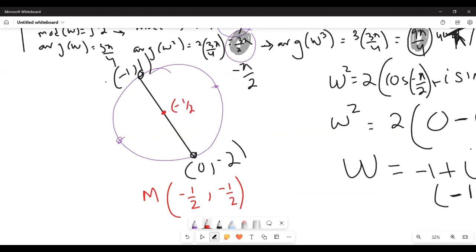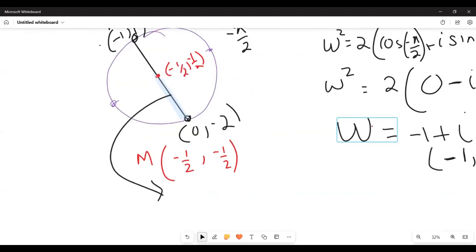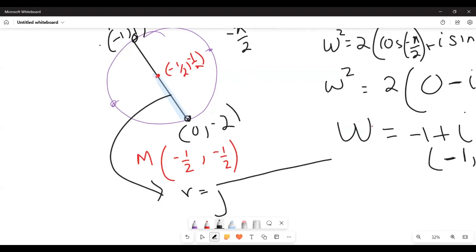And now find the radius. This distance or the other distance. Apply the distance formula here. That would be radius equals square root of minus 2 plus half whole square plus 0 plus half whole square.